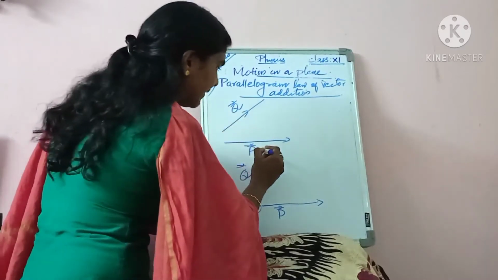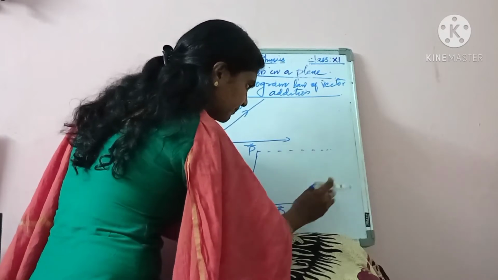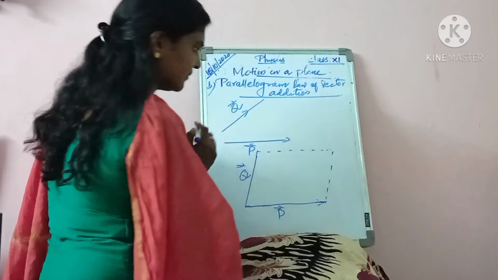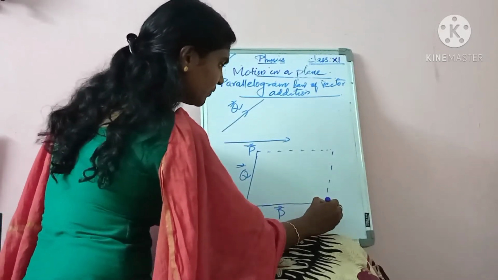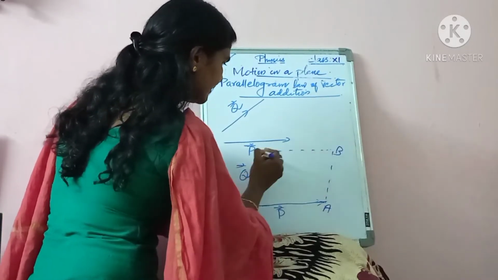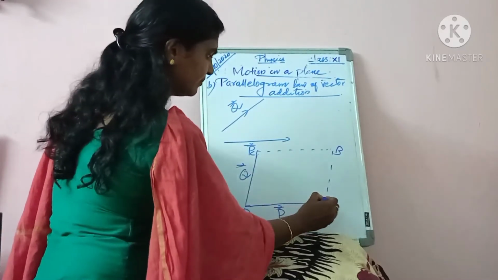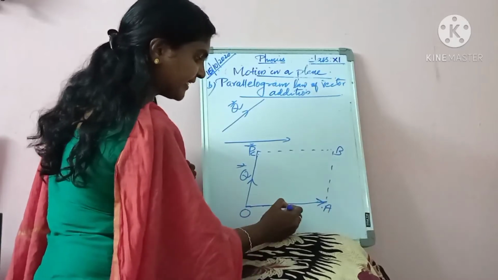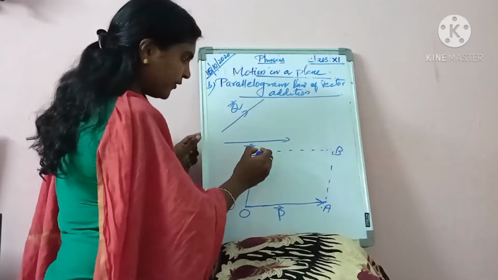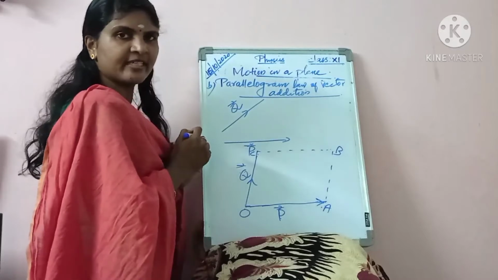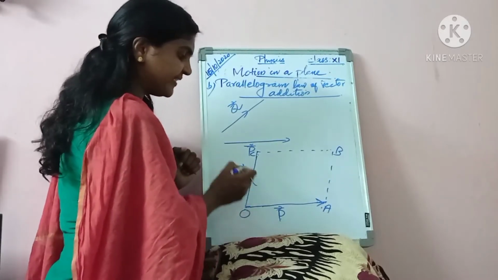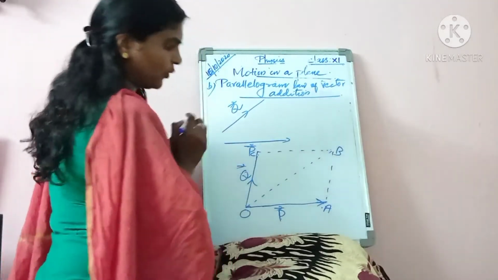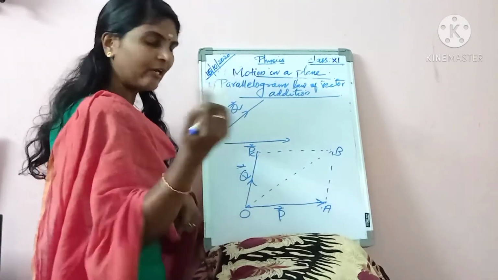Then we complete the parallelogram and name it O, A, B, C. Here OA represents the vector P and OC represents the vector Q. Then the resultant of these two vectors P and Q is represented by the diagonal of the parallelogram.